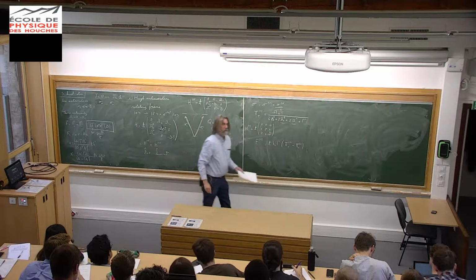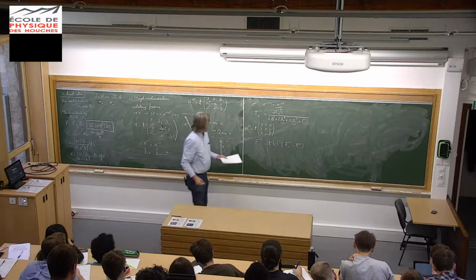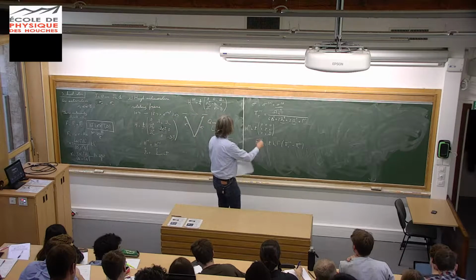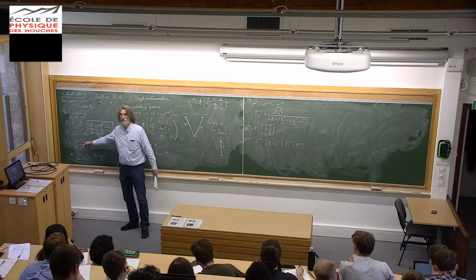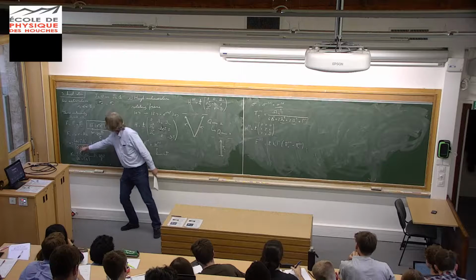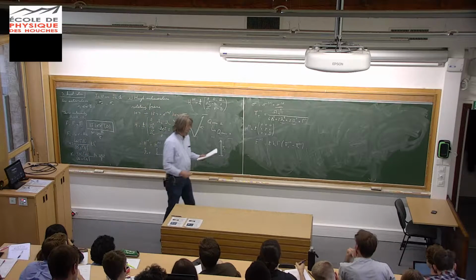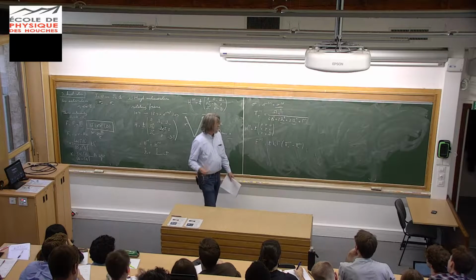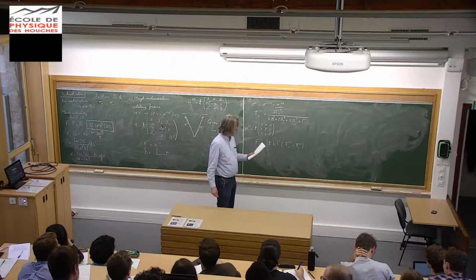And this is a bit lengthy, but straightforward to calculate. You have a first term that is identical to this one, except that now you have omega squared in the bottom. But you have also a correction term, which is rather complex.